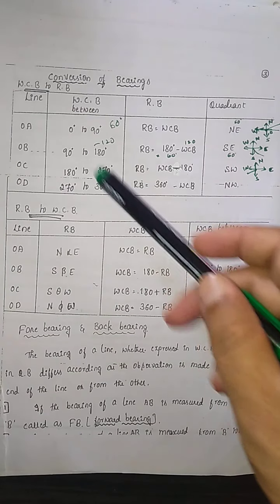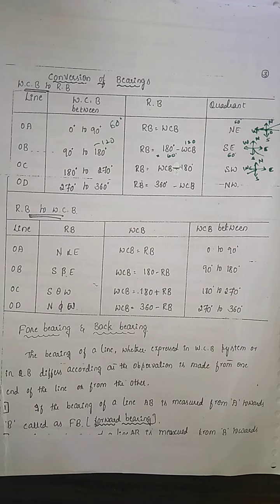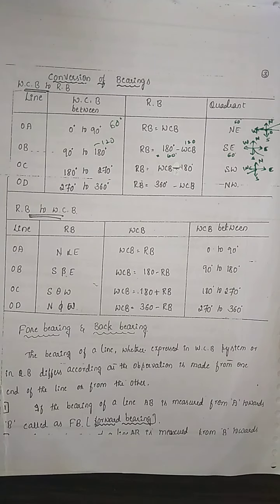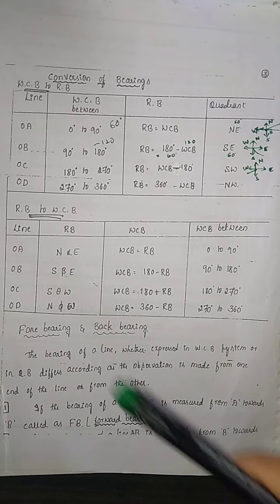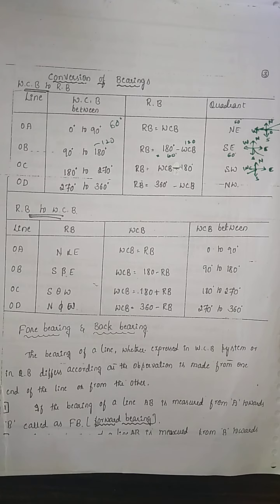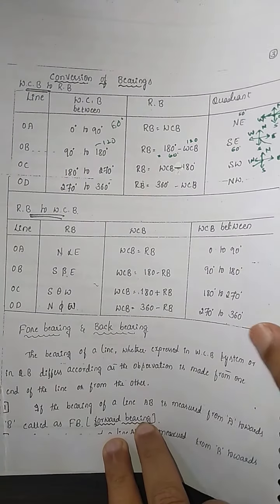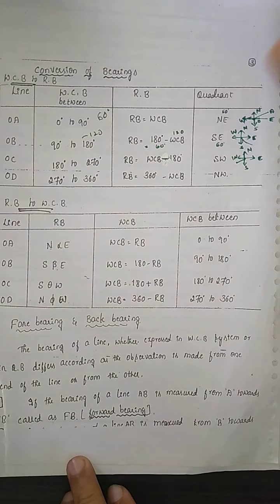Okay, so quadrantal to whole circle to quadrantal. Remember, whole circle bearing is going to show the angle in between 0 to 360 degrees, whereas your quadrantal bearing is going to be divided into northeast, southeast, southwest and then northwest. So now straight away we are going to solve the problem by knowing these particular formulas.